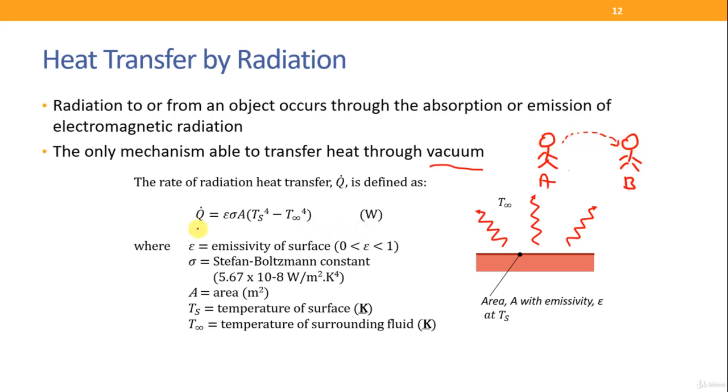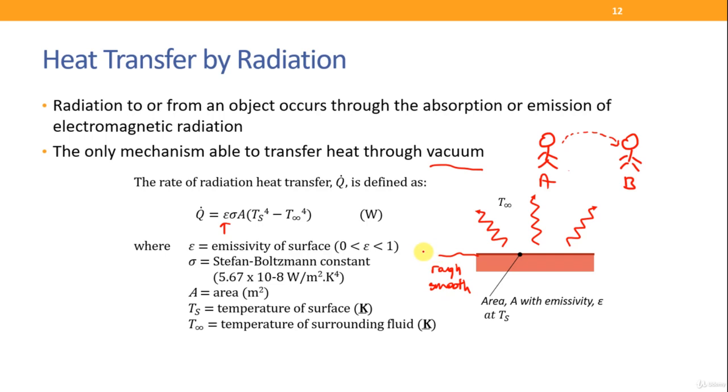So what is the formula that governs the heat transfer rate by radiation? It is epsilon sigma A, Ts to the power of 4 minus T infinity to the power of 4. Epsilon is the emissivity of the surface, so it depends on whether the surface is rough or smooth, and what is the color of the surface.